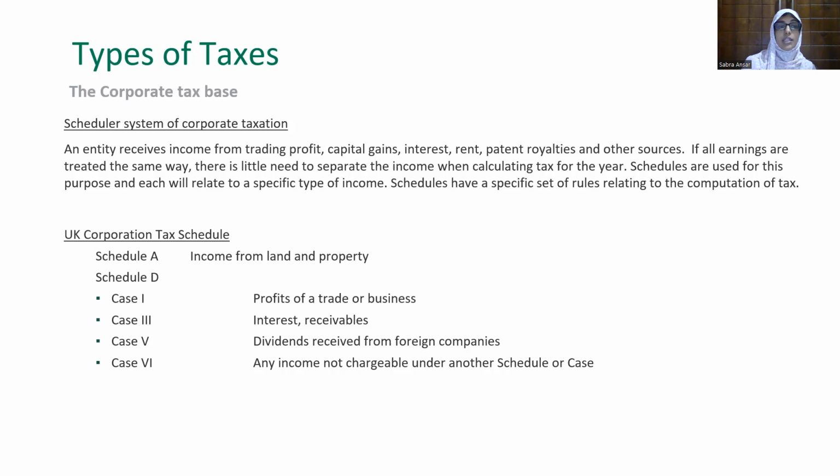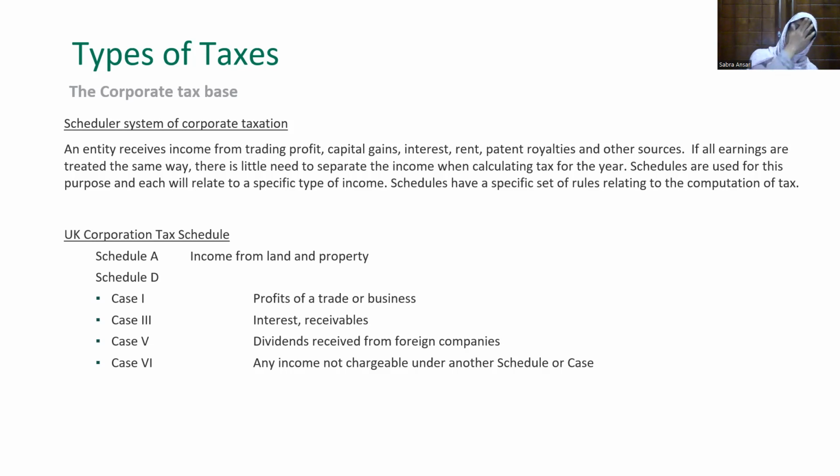So the entity receives trading profit, capital gains, patent royalties and so on, right? These earnings are not all treated the same way, so there is a need to separate the income. Different schedules are used based on the purpose and specific type of income, so that it is easy to compute taxation, because the taxation for each type of income will be different.